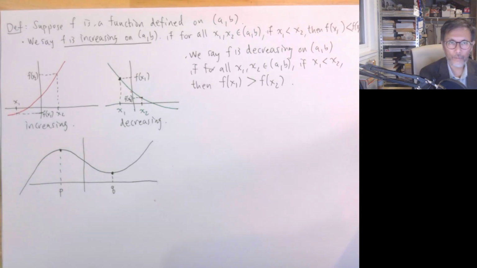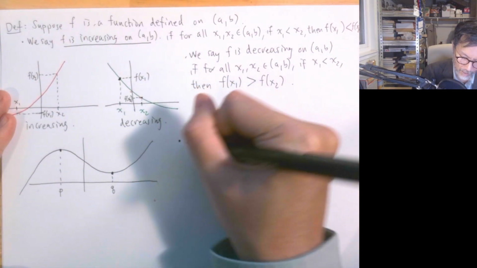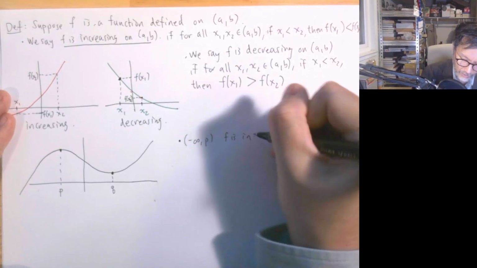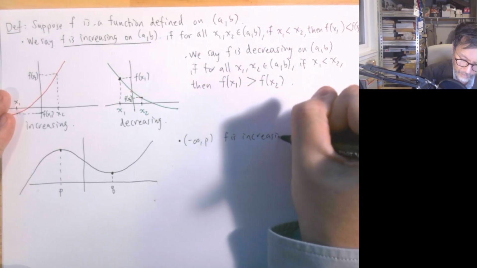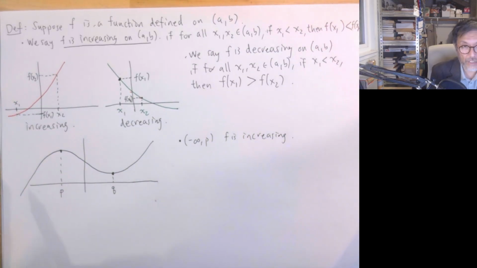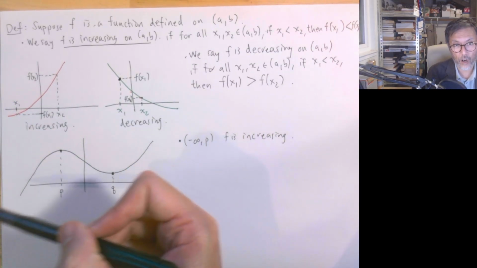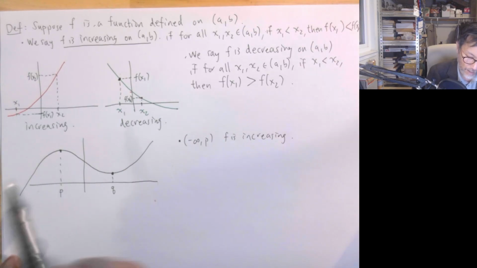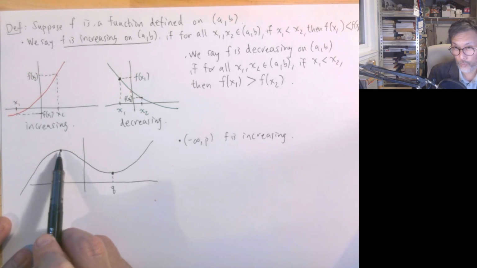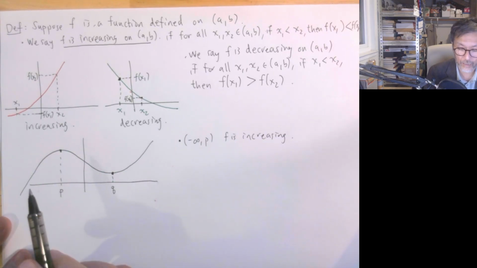Here are some true statements. From negative infinity to p, f is increasing. Okay? And you can see that from negative infinity out here all the way up to p, the values of the y coordinate are getting larger and larger and larger as we read from left to right, hence increasing.